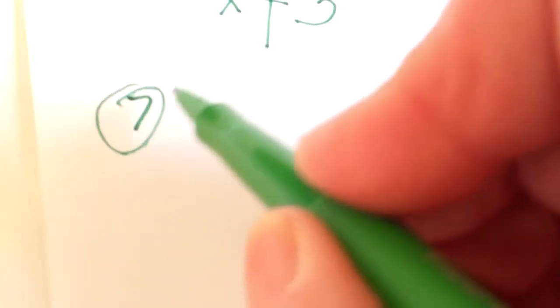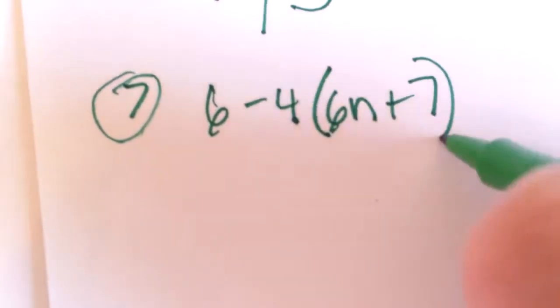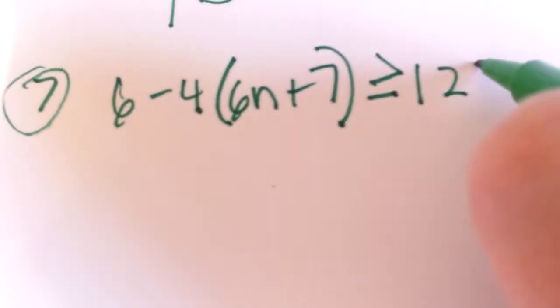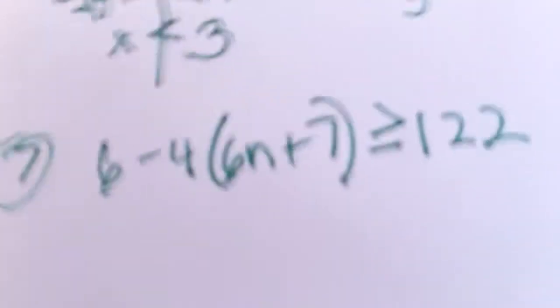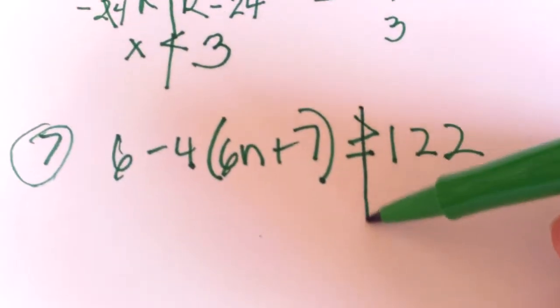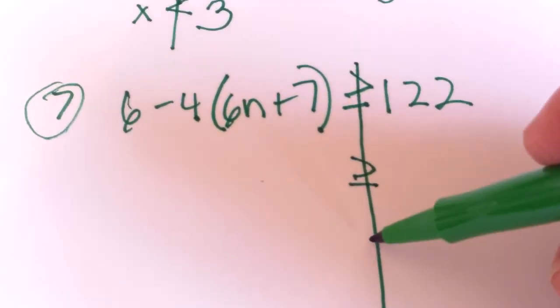Number 7. 6 minus 4 times the quantity 6n plus 7 is greater than or equal to 122. I'm going to put my line down the middle, my fish hooks.